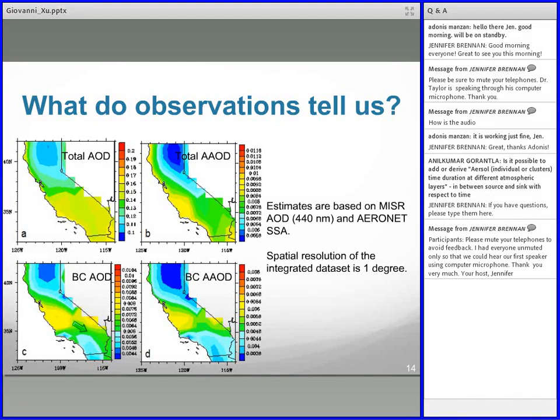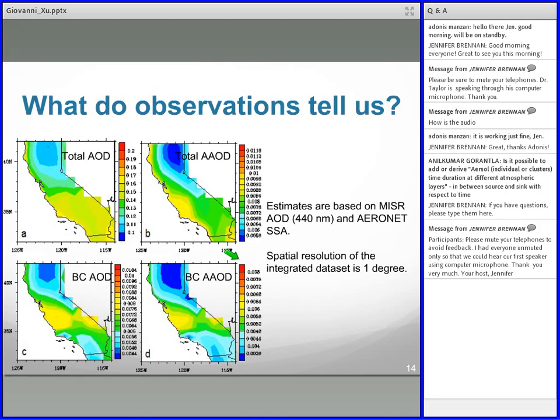One thing to note here is the magnitude. The black carbon AOD is only about 10% of the total AOD, but black carbon absorption AOD contributes about 70% of the total absorption AOD. That's why we say black carbon is a major absorber of solar radiation in the atmosphere.